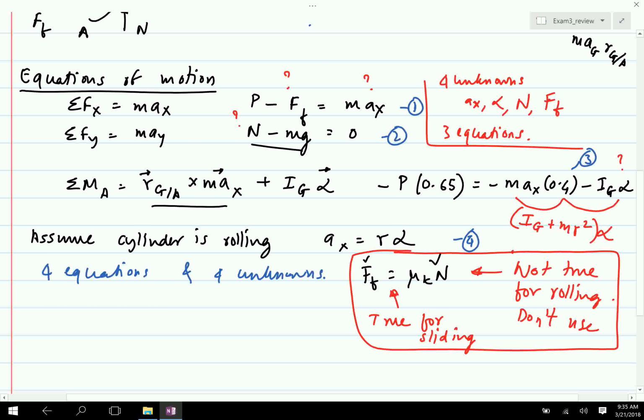If you put AX equals R alpha, you get this. So it looks like the parallel axis theorem. This will only work if it's rolling. How do you get this from here? Well, you assume AX equals R alpha, and that's how you got this. Now, if it is sliding, this is not true. You cannot put A equals R alpha, and this will not hold true. So for rolling, yes, you can do this. For sliding, no, don't use this. Don't do the simplification. Only true for rolling.